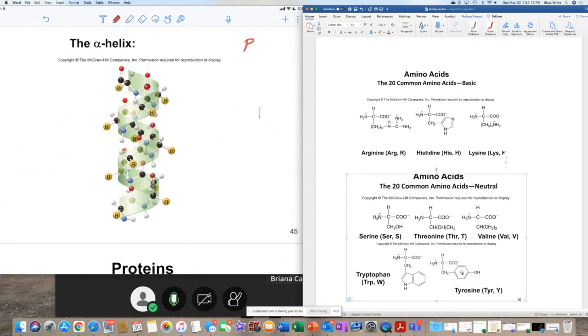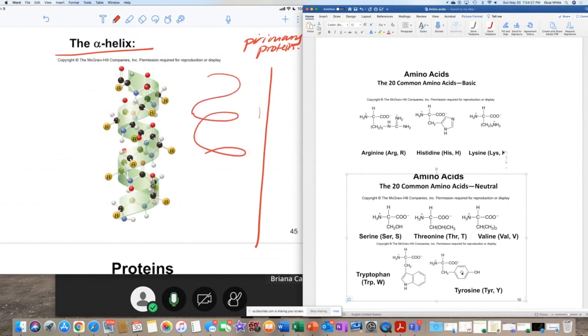So if you have a primary protein, these look more like straight chains. In the secondary protein, we now have an alpha helix that looks more coiled like that. Okay, so the coiling is possible because the hydrogen bond formation actually holds the structure in place.